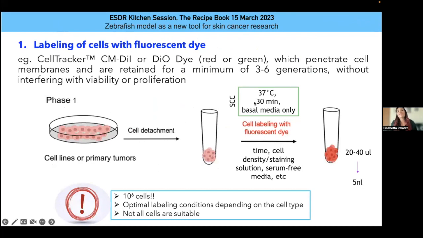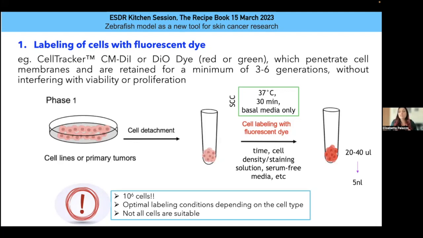We usually use two different kinds of cells, so that we can follow them really well.